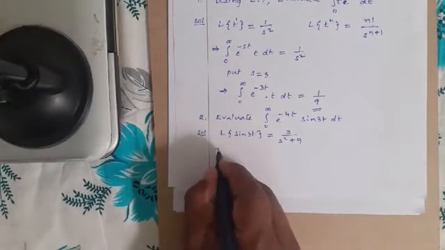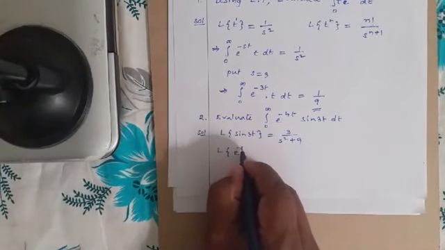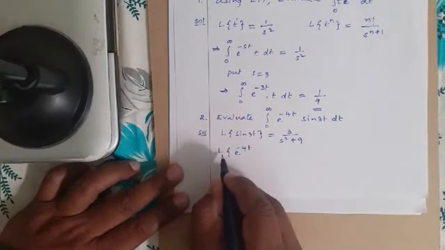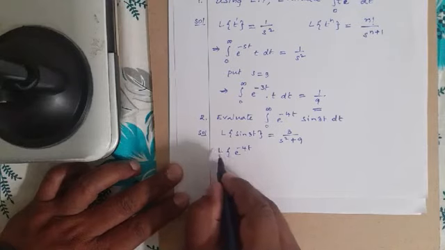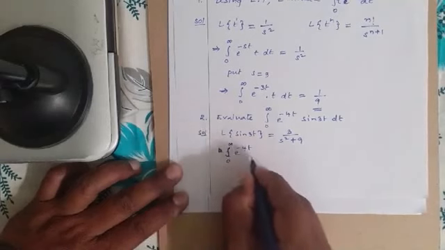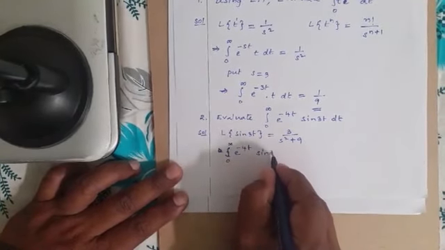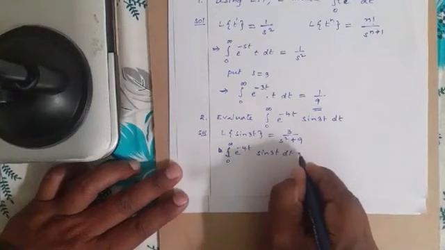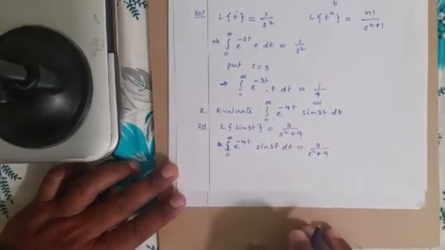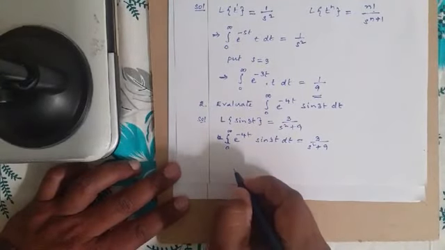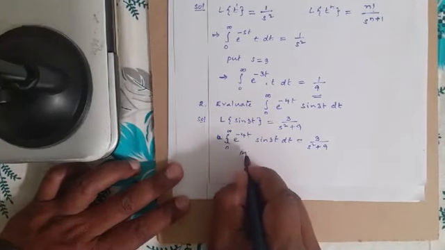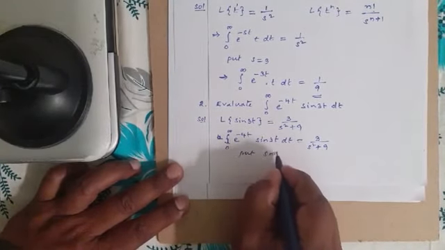So after writing that, now instead of writing Laplace of, you have to write integral 0 to infinity e power minus st sine 3t dt, and you will get 3 upon s square plus 9. After that, what we have to do is put s is equal to 4.